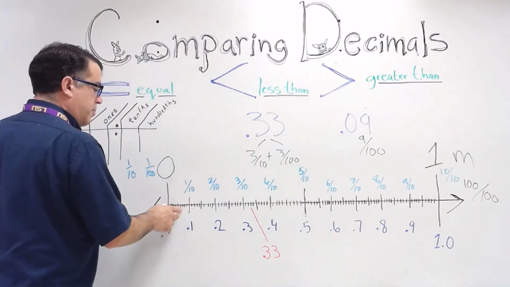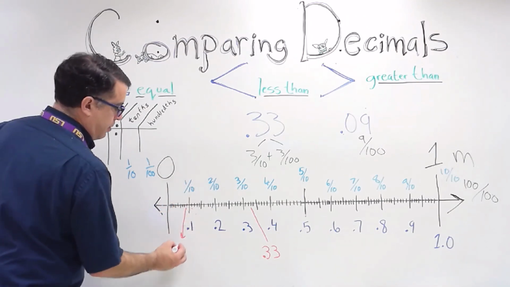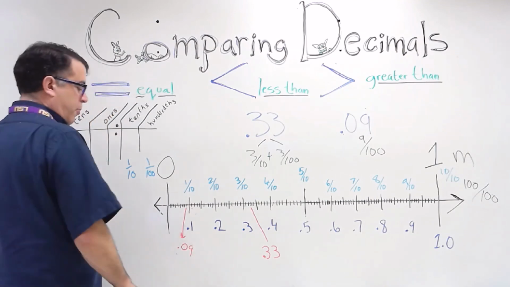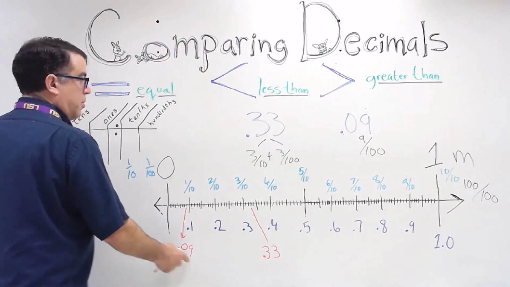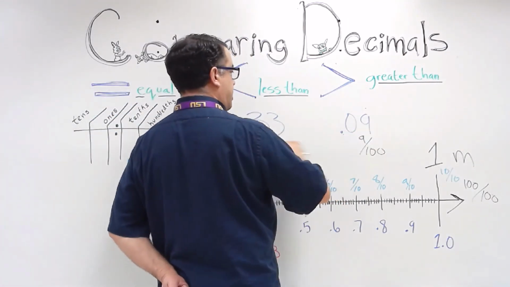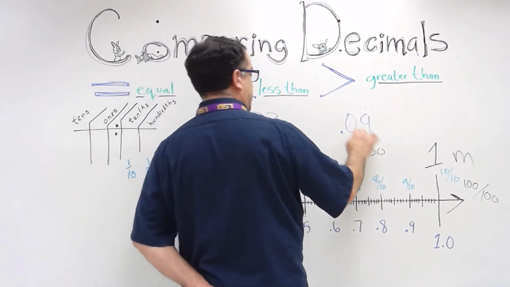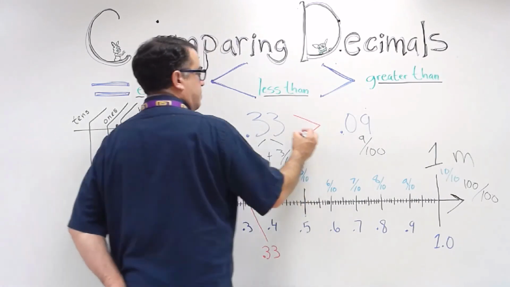So it's got to be before 1/10, and it is right here. There is 0.09. Therefore, this 33 hundredths is much bigger than the 9. So again, if you're comparing 3s and 9s, the 3/10 is much bigger than the 9 hundredths. So this would be greater than.